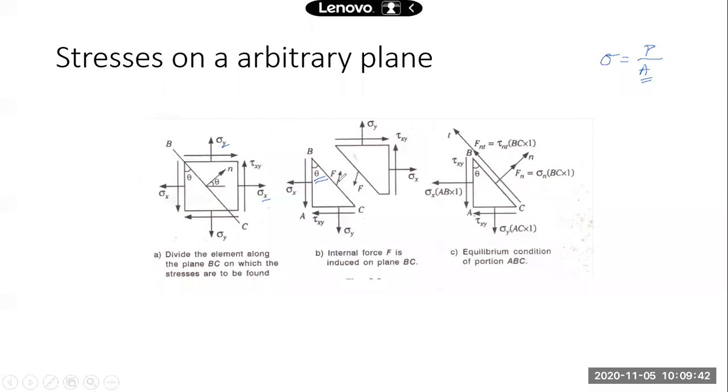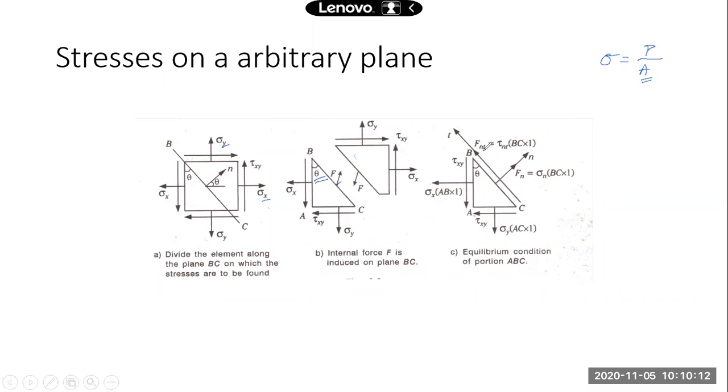On this plane BC, we'll have stresses developed. This plane is no more normal to our load application, so it is oriented at some arbitrary angle. We are going to find out the normal stress and shear stress on this plane BC: the stresses perpendicular to this plane and the stresses tangential to it.